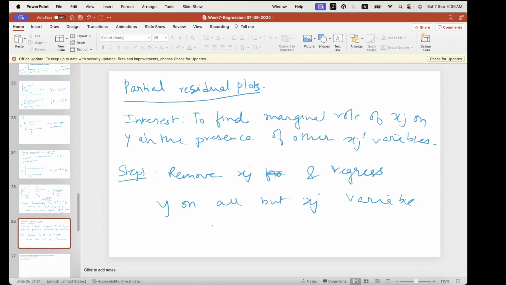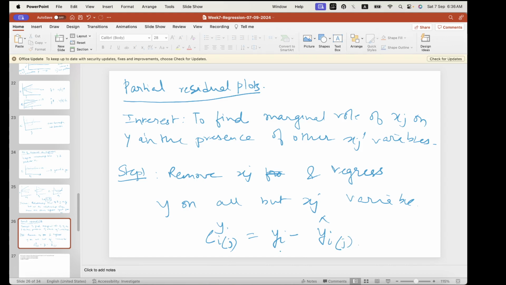Okay, and then we name the residual from this model eij y. So that would be yi minus yi hat when we have excluded xj.